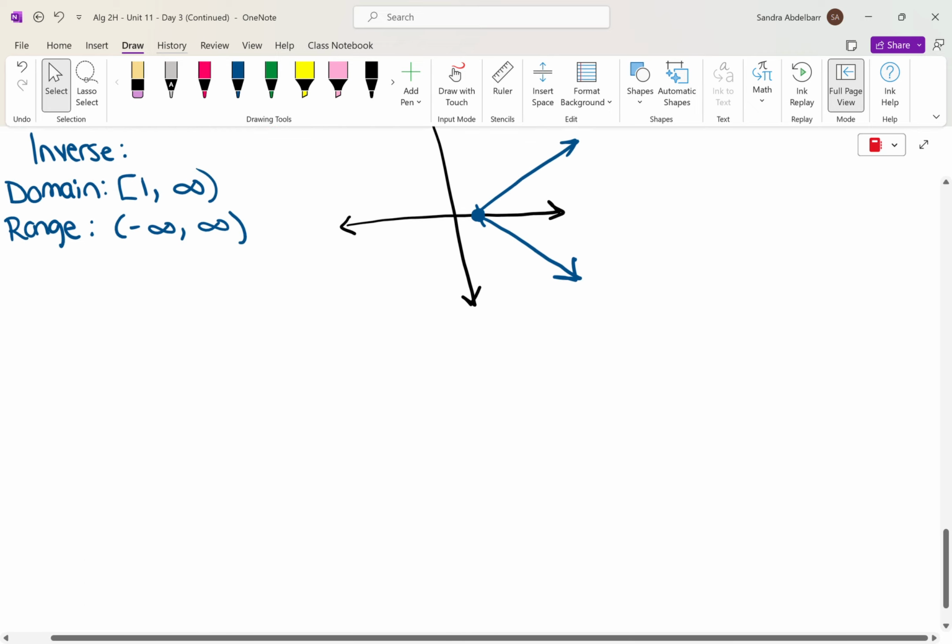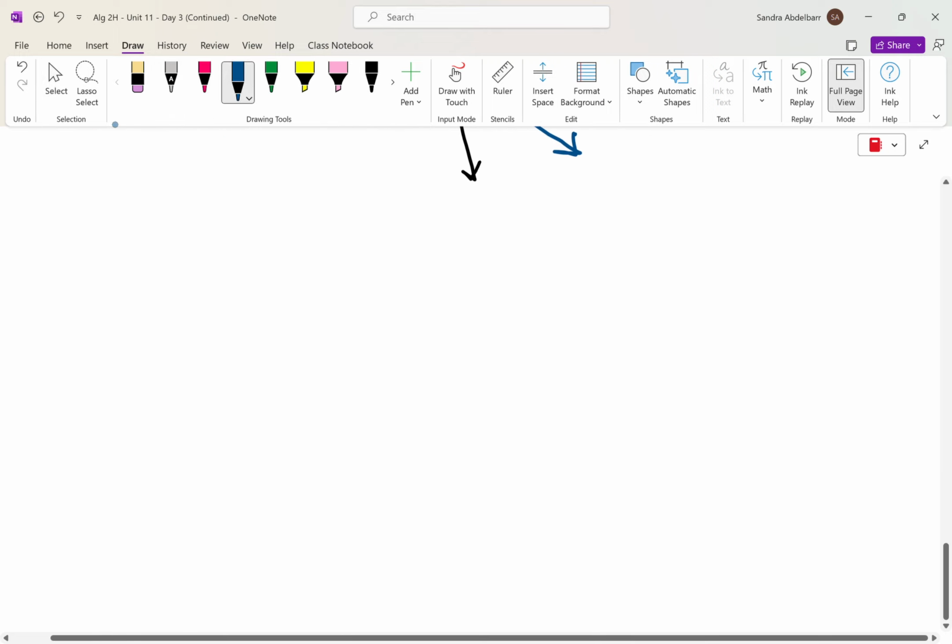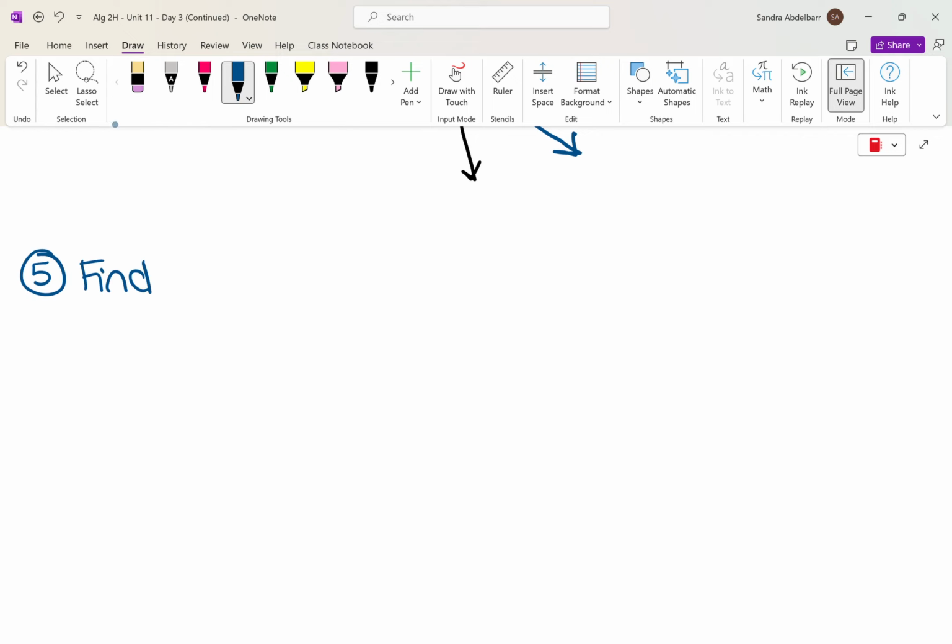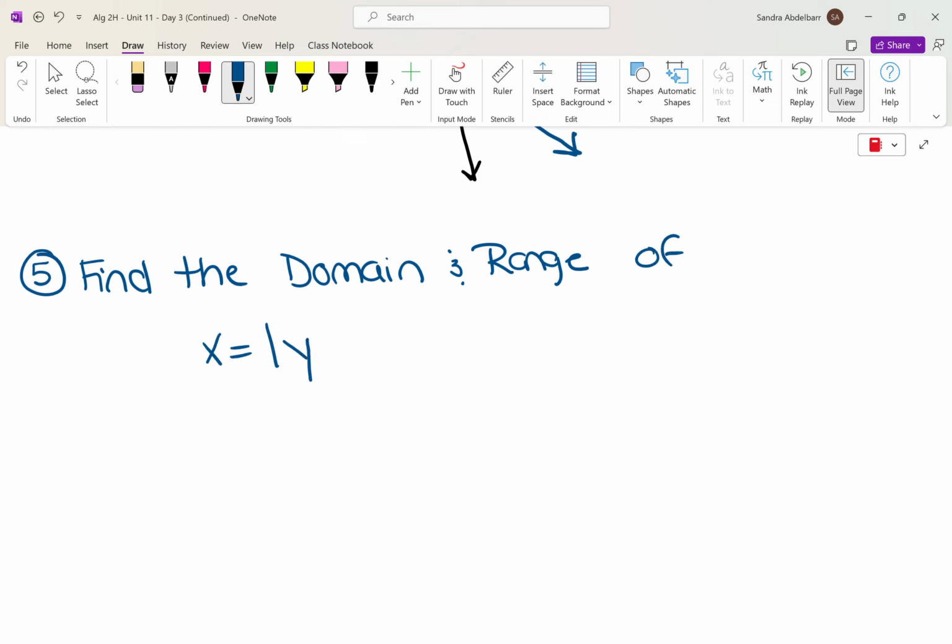All right, I want you to try this one on your own. I am not asking for a sketch in this one. I want you just to find the domain and range of x equals the absolute value of y minus 6. I'm just asking you to find the domain and range. Very similar to what we just did.